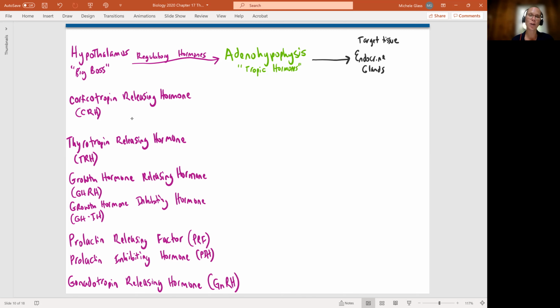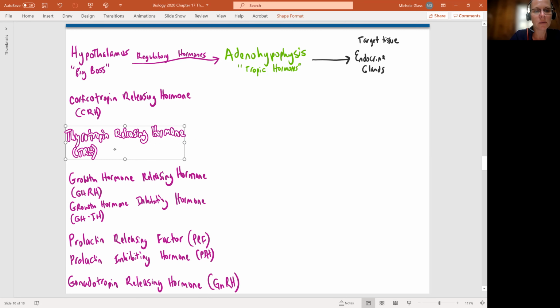So notice hormone is part of the name for each of these. And we have some that are classified as releasing and others classified as inhibiting. Releasing means we're going to trigger something to be produced, and inhibiting indicates we're going to stop something from being produced.